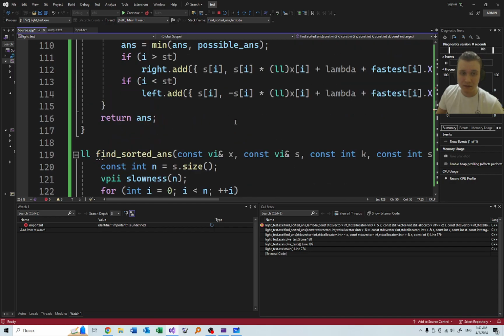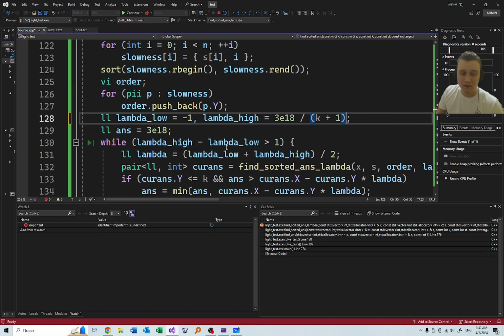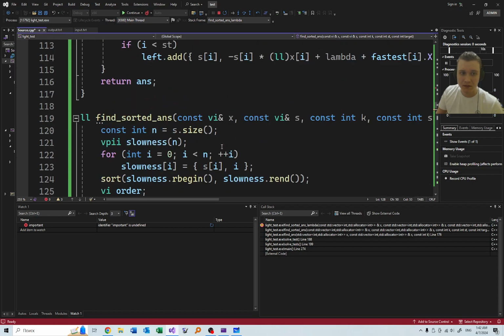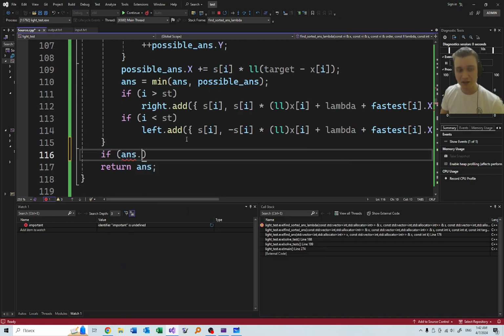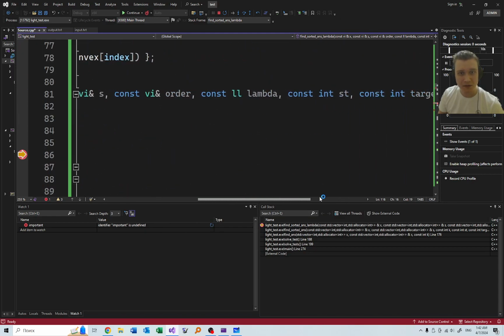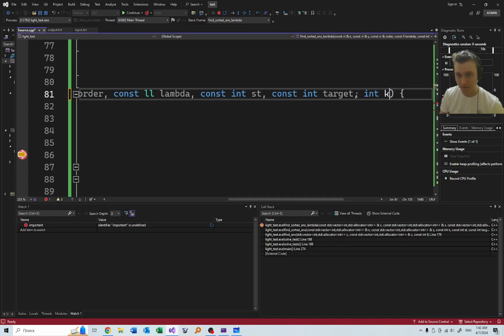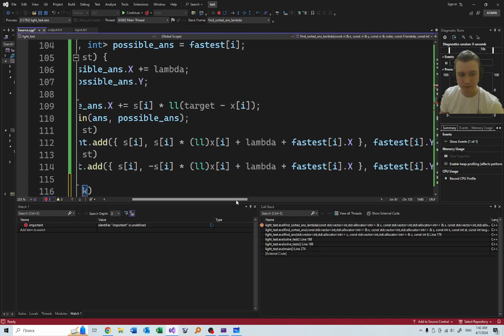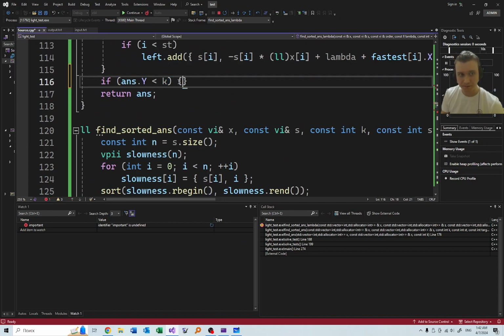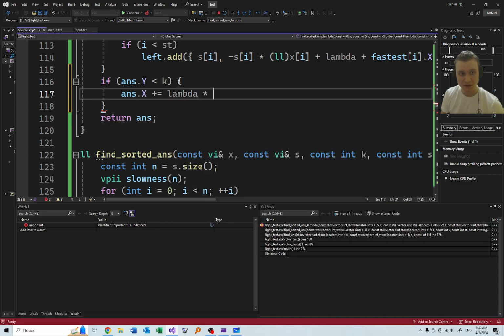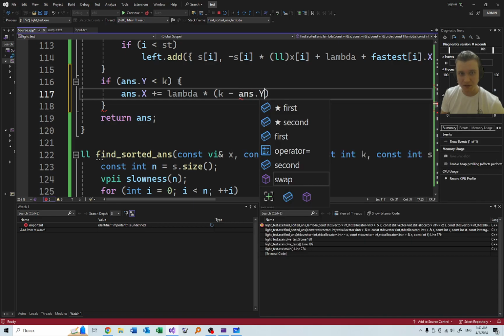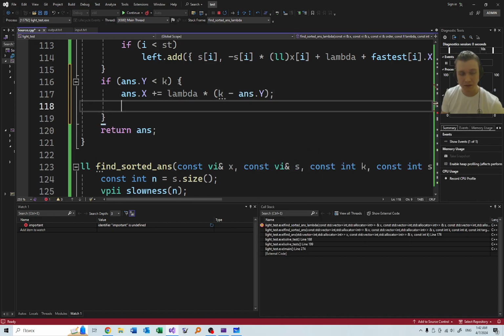Okay, secondly, let's say that if answer dot y is less than k, and we will pass also k, then answer dot x plus equals lambda times k minus answer dot y, and ans.y equals k.